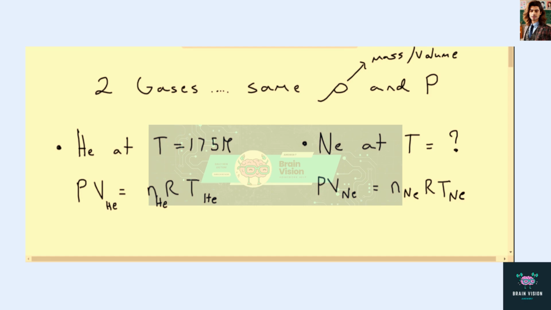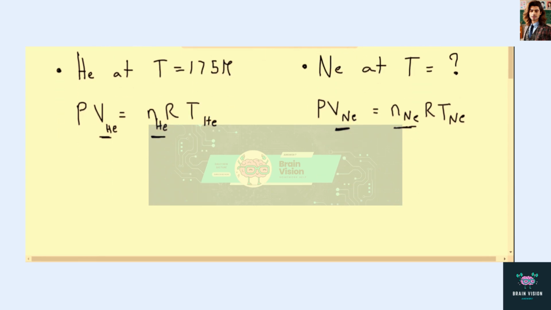So notice these equations are in terms of volume and moles, which is something we don't really have information on. But what we do know is that the number of moles and the volume are going to be related to this density here, right? Because density is a mass over a volume. And of course, the mass of our substance is going to be related to the number of moles of our substance. So let's work that out specifically.